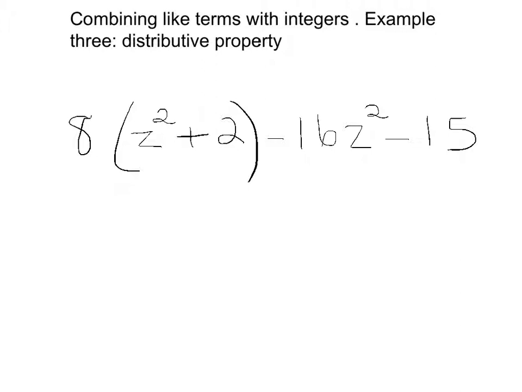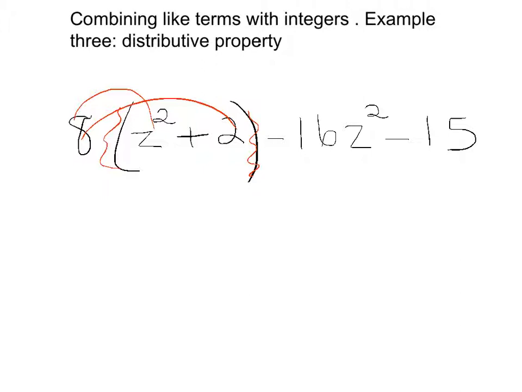Before we start, we need to use our order of operations and make sure that we've done that first. And what you can see here are parentheses, and this means I need to distribute the 8 times z squared plus 8 times 2 to get rid of these parentheses.